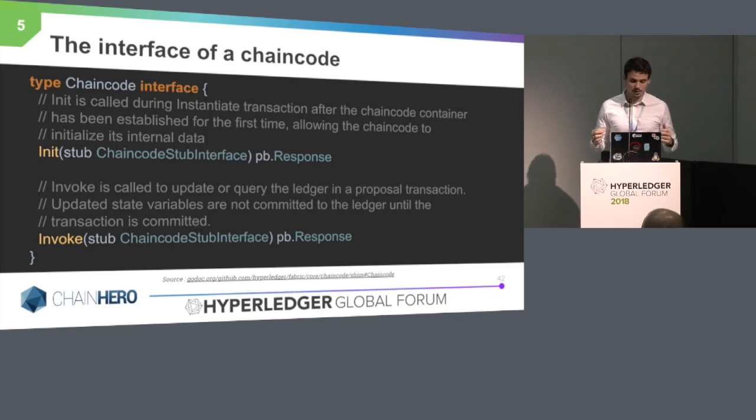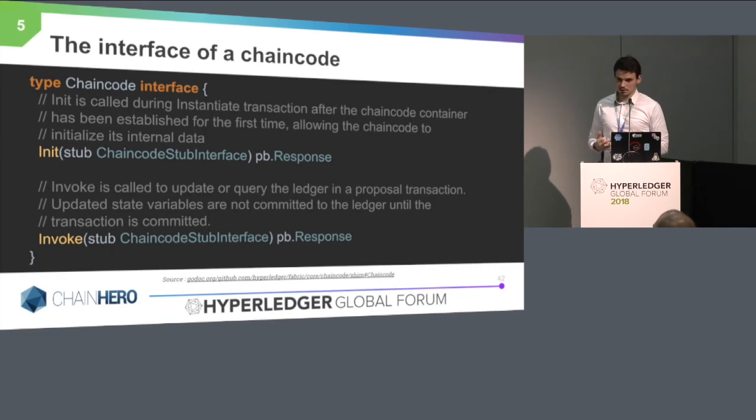This function is here in order to do some initialization in your chain code, in your ledger. For example, if you need to init some data structure in your ledger, you will use this init function. The invoke function is then called every time there is a transaction, every time there is a proposal. So all the logic will go in the invoke function.